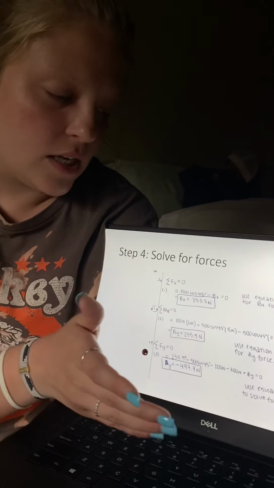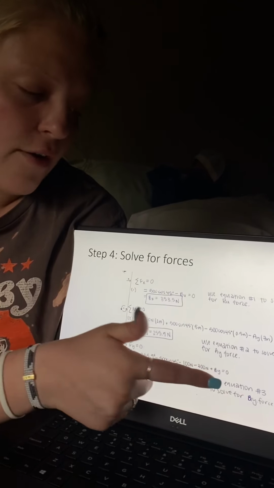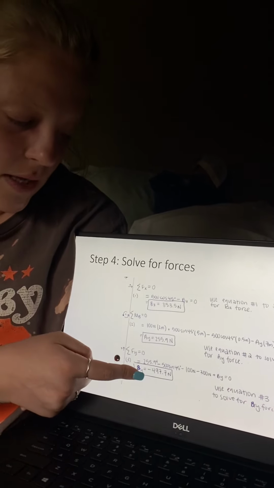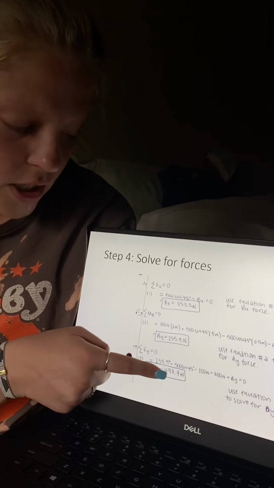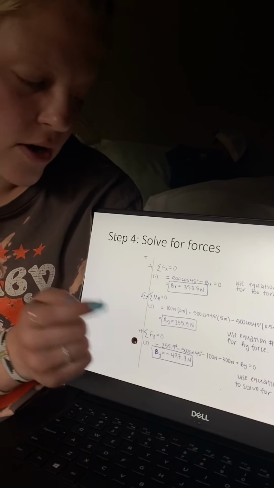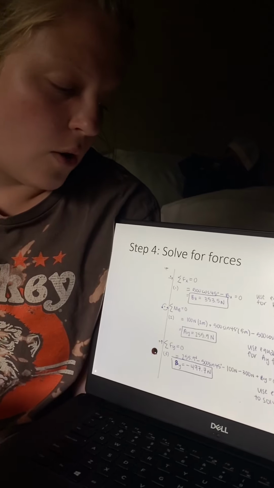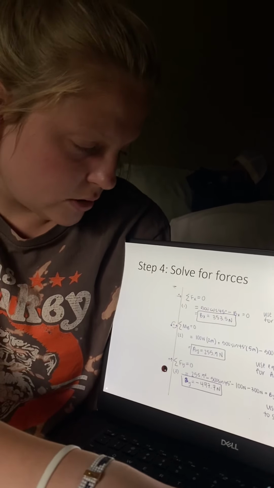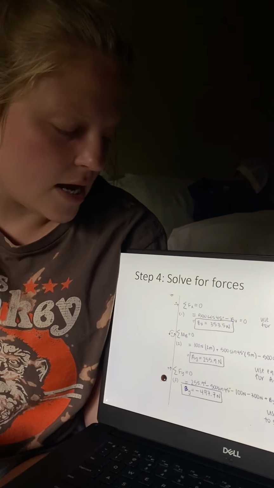And that's all equal to 0. And then so you're going to solve all of that for BY, which I got to be 497.7 newtons. So that's how I solved this problem.